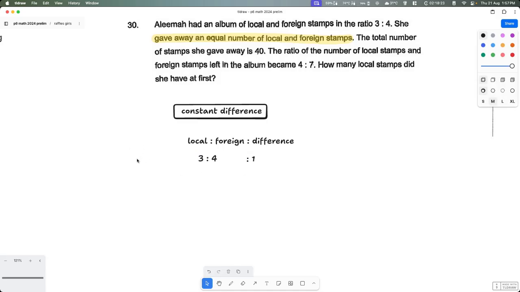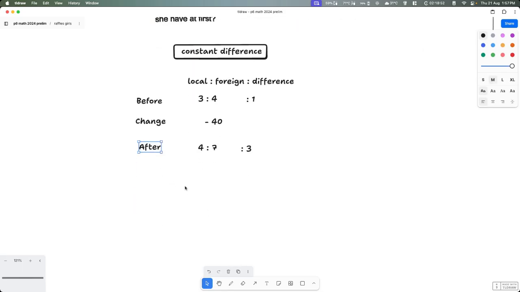So this is before, and then after. The change is basically gave away minus 40, right? Then after, it changed to 4 is to 7, and the difference is 3. So the difference remains the same as the change is equal for both.